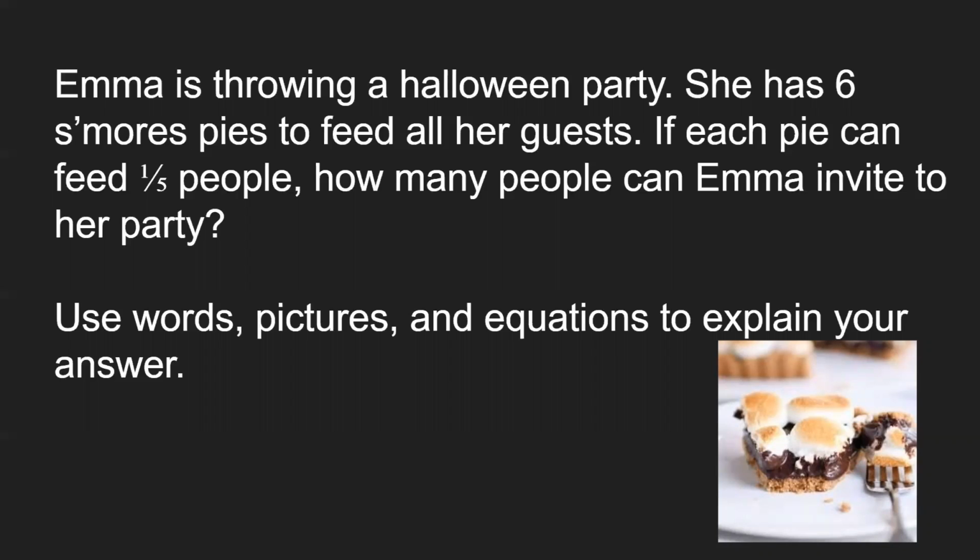So what roles do these numbers play in the problem? So 6 is going to be the divisor, and 1/5 is going to be the dividend. So we are going to be finding 6 divided by 1/5.